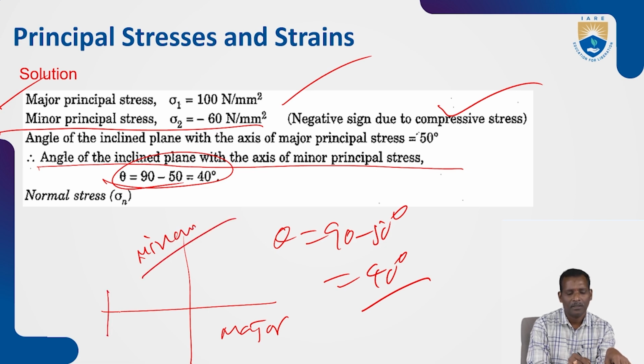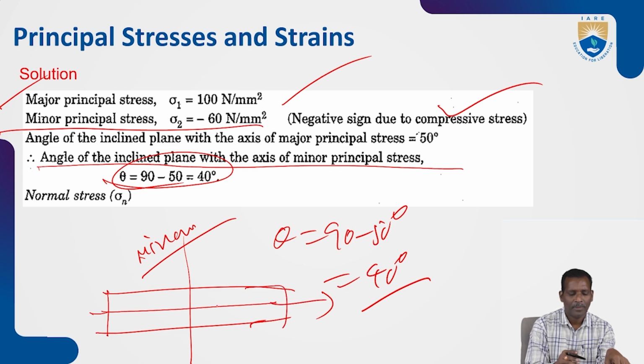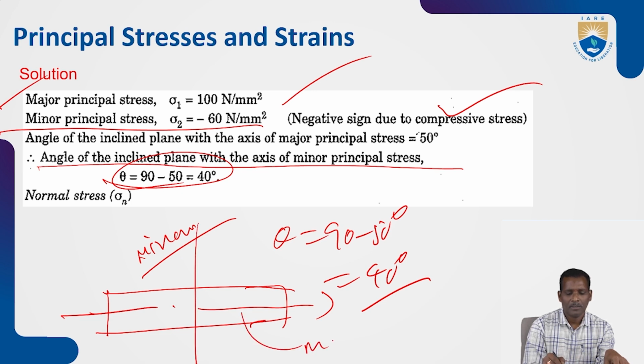Whenever the object is subjected to tension, one is major. So the angle of inclined plane with the axis of the major, and with the minor axis, there are two angles here.